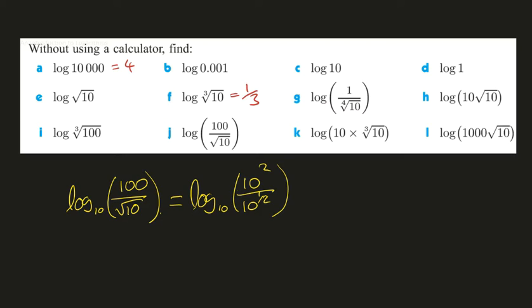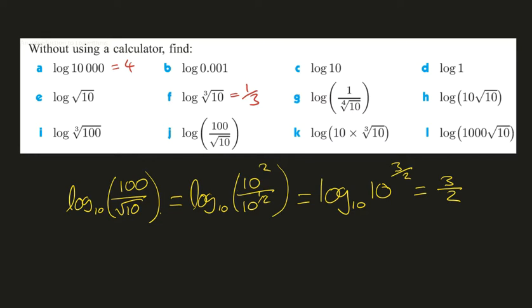Square root of 10 is the power of 1/2, and 100 is 10 squared. And using our laws of exponents, we can bring that together as a single power of 10. Log base 10 of 10, well, I would do a subtraction. 2 take away 1/2 is 3/2. So what is it I raise 10 by to get 10 to the power of 3/2? 3/2. That's pretty much it.